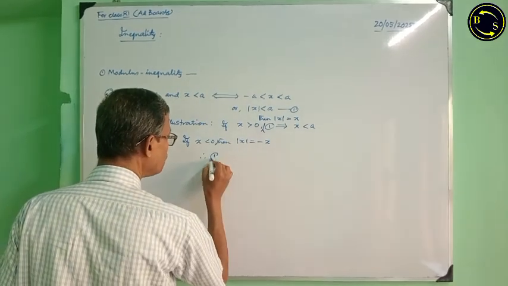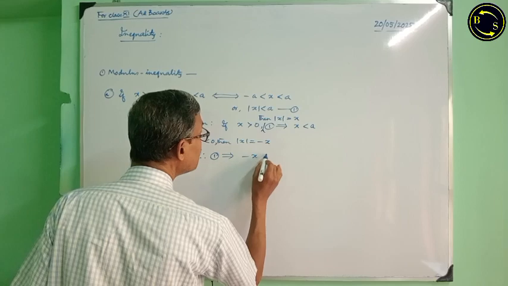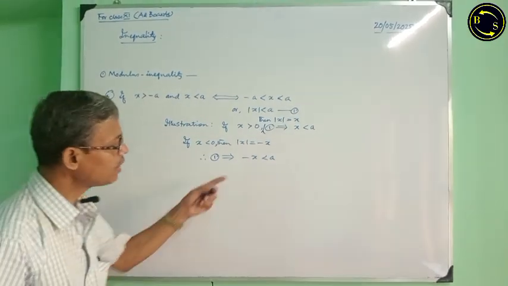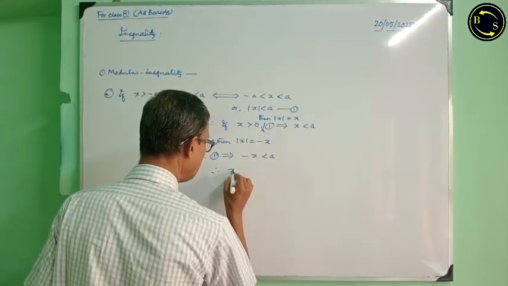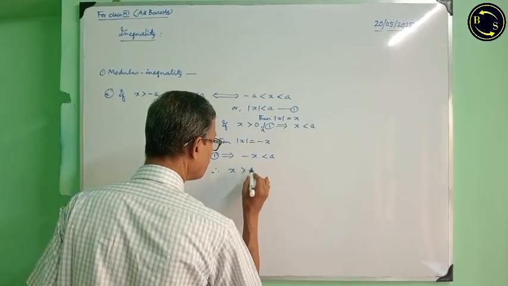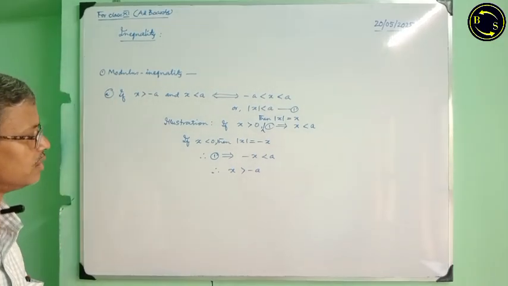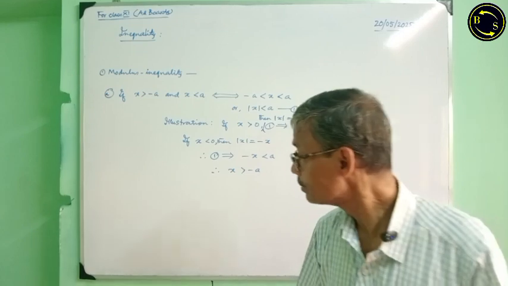Therefore, 1 implies minus x less than a. Now, if I multiply both sides by minus 1, therefore x greater than minus a. I have used the properties of inequalities.